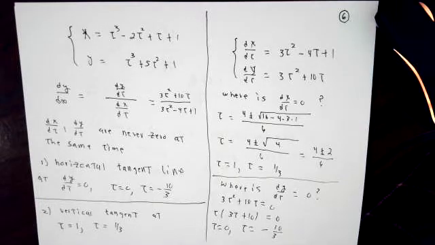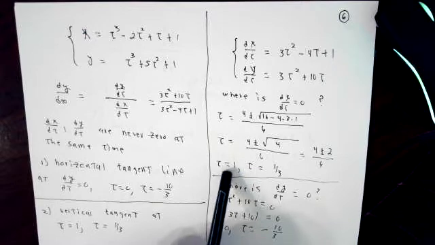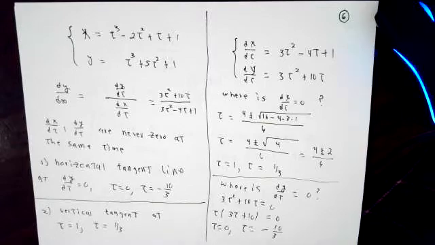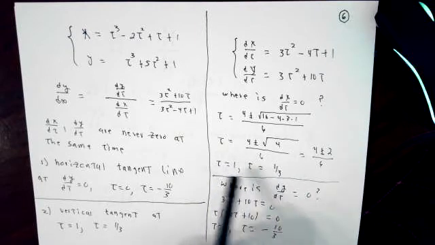The only really bad situation that I could have would be if there was a t number where dx/dt and dy/dt were 0 at the same time. The only places where dx/dt can be 0 are t = 1 and t = 1/3. t = 1 is not one of the places where dy/dt can be 0. t = 1/3 is not one of those places either. dy/dt is 0 at t = 0, which is not one of the places where dx/dt can be 0.